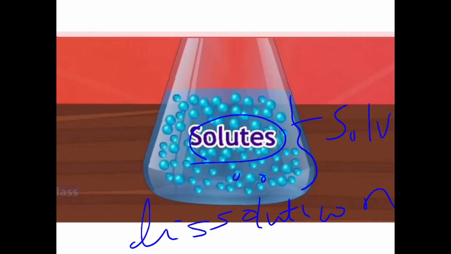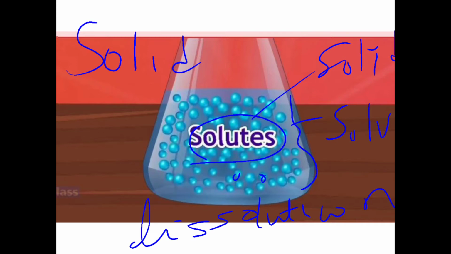And suppose you are adding washing powder into the water, that is also a solution. So the solute particles are solid in form. शुगर है, salt है, ये सब solid है, and that is dissolved in liquid. So how will you say it? Solid in liquid. Examples of solid in liquid are sugar water, salt water, etc.